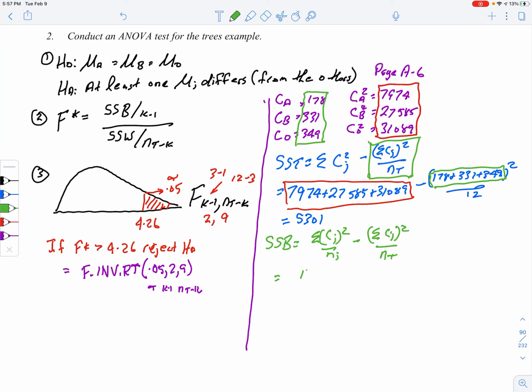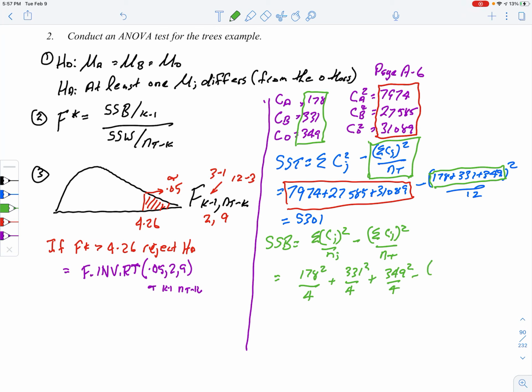So we've got 178 squared over 4, because there were 4 trees in Alberta, plus 331 squared over 4. These all had 4 for an n.